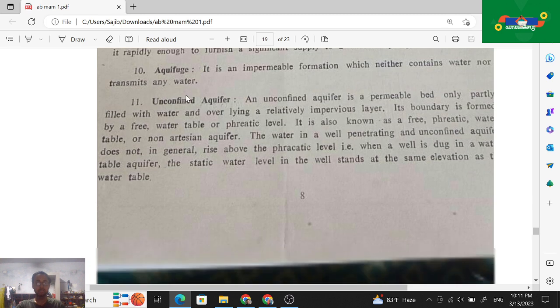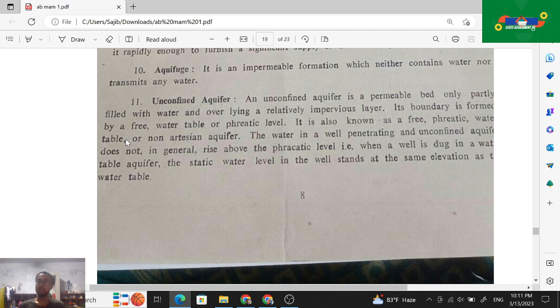Then unconfined aquifer: an unconfined aquifer is a permeable bed only partially filled with water and overlying a relatively impervious layer, and its boundary is formed by a free water table or phreatic surface. It is also known as a free, phreatic, or water table aquifer, or non-artesian aquifer.